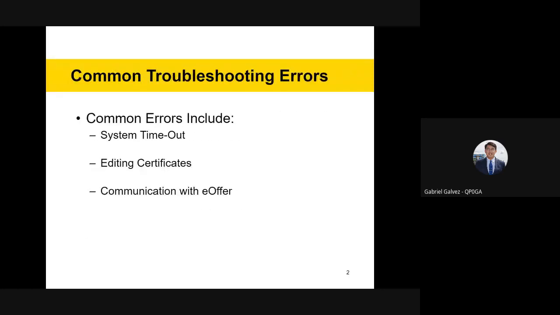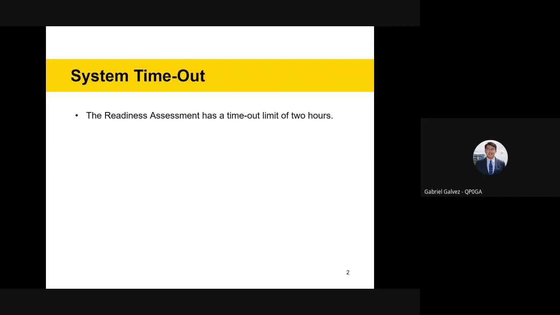There are a handful of common errors that users may encounter while using the Vendor Toolbox. These errors may include system timeout, editing certificates, and communication with eOffer. The Readiness Assessment has a timeout limit of 2 hours. This time limit was put in place to give vendors the proper amount of time to complete the research during the assessment.